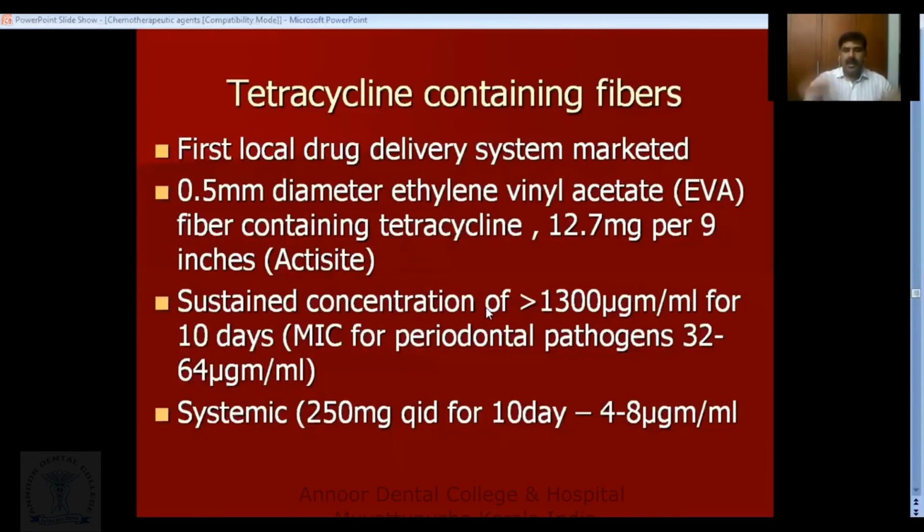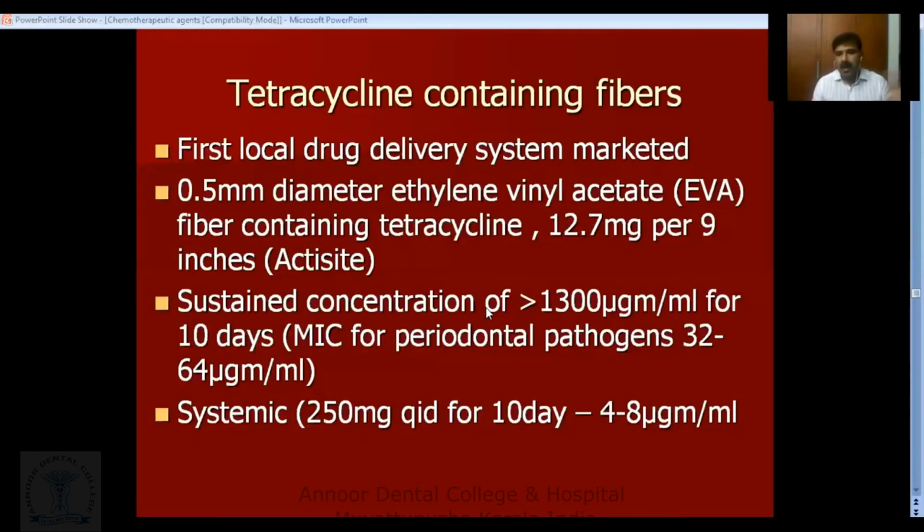Then you take it out so that the gingiva retracts a little bit, and you take an impression. Similar to that, you have threads into which this drug is incorporated. Such a system is known as a tetracycline-containing fiber.